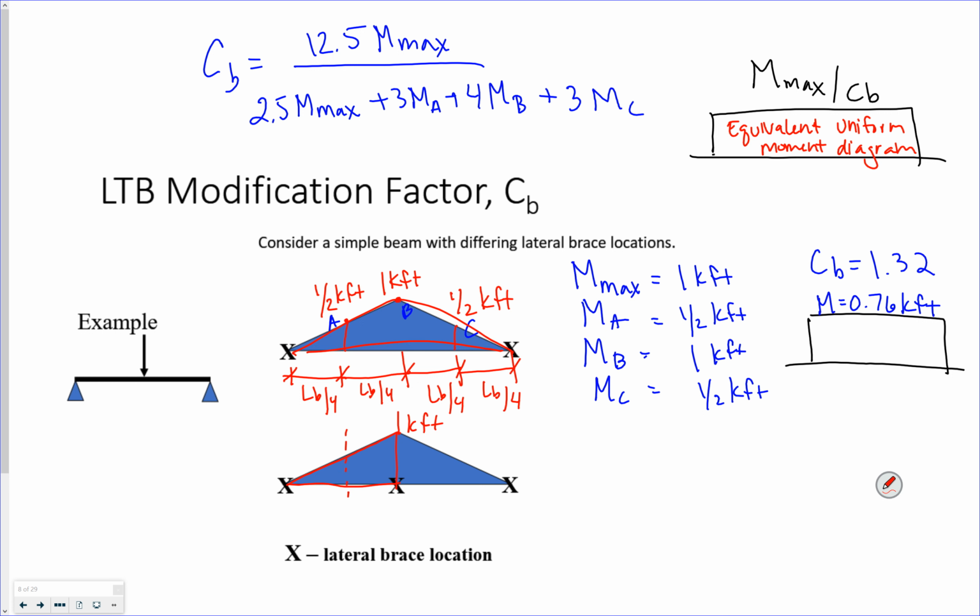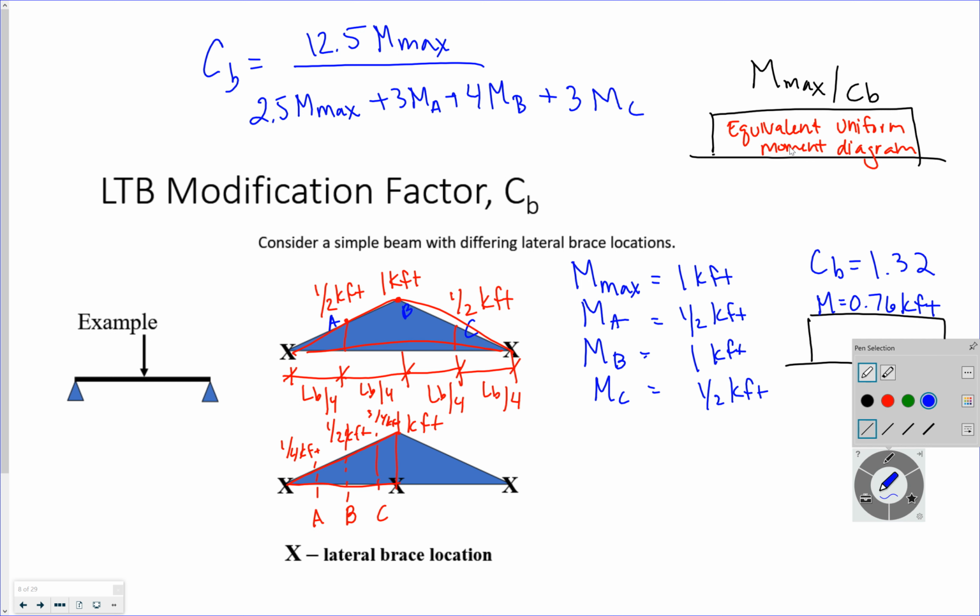Now, my B, halfway along my length, is half a kip foot. My quarter point, A, is a quarter kip feet. And my 3/4 length, C, is 3/4 kip feet.